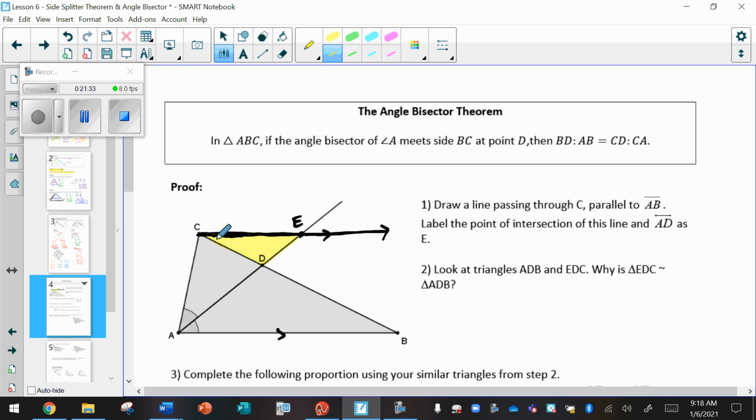If we look at triangle ADB, that's this one, ADB. What we see is a pair of corresponding angles or vertical angles, and then a pair of alternate interior angles.